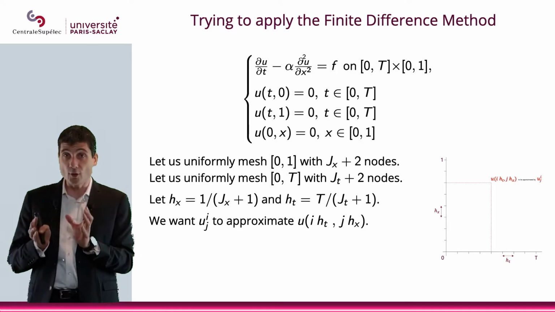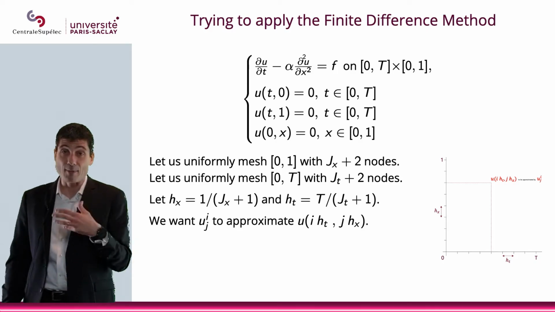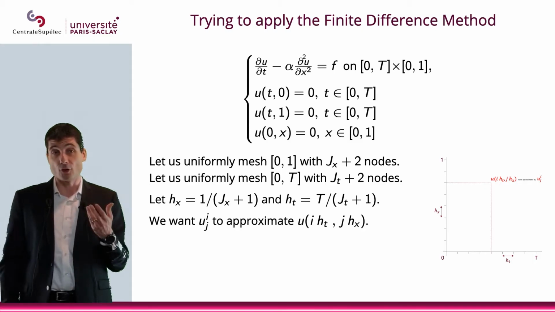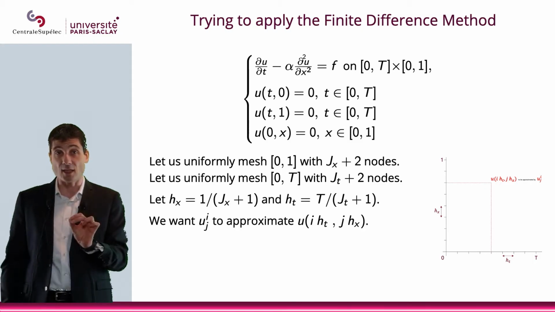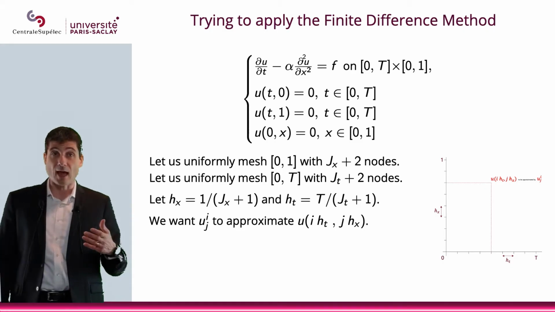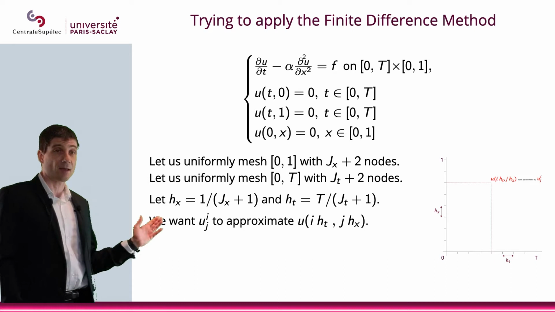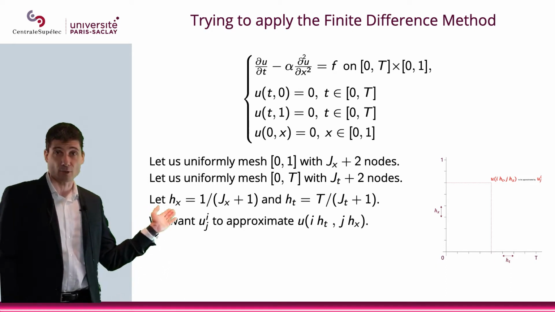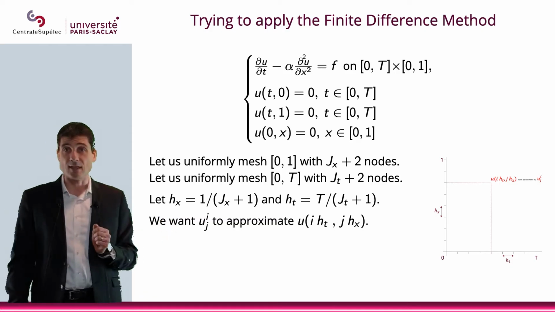So I want to approximate the solution at the point (i ht, j hx), and I will denote this approximation by u_j^i, where i is a superscript and j is an index.